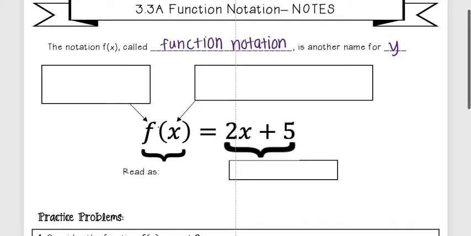So this f that we see, parentheses, x, parentheses, how we read that is f of x. That is how you say that, f of x. And so f, well, that is not going to be a variable in this case, as we're used to it being.